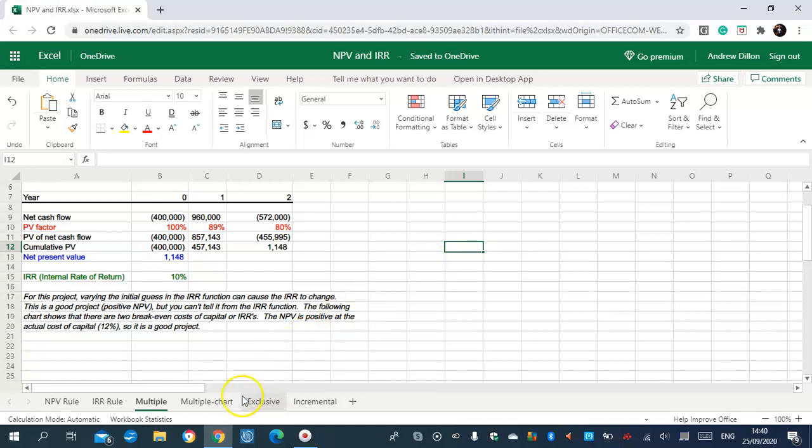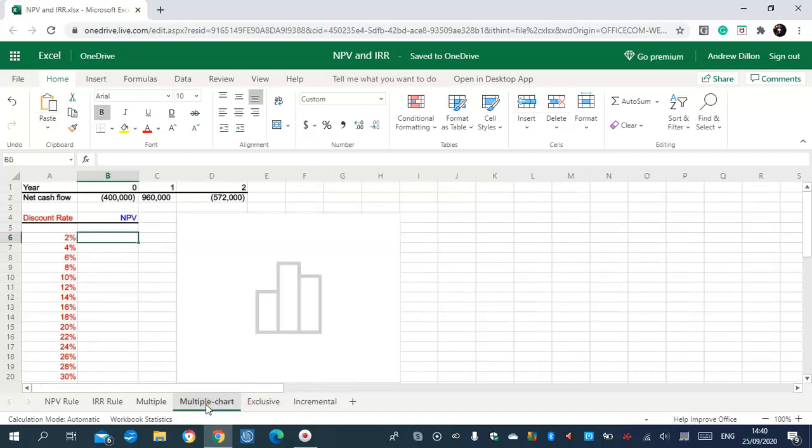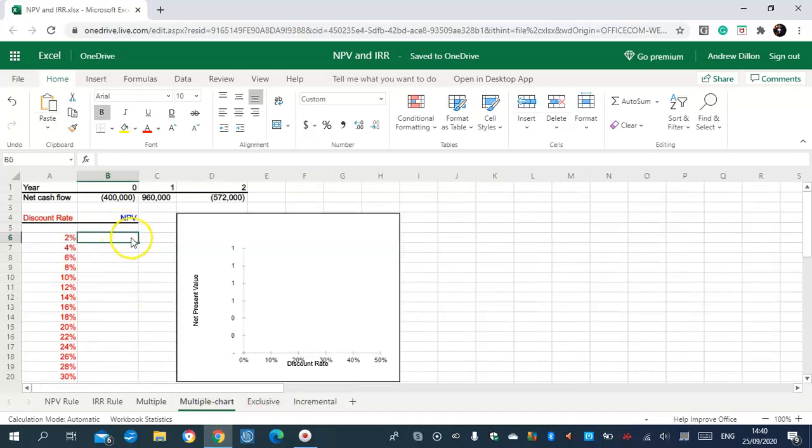So the multiple chart is the next sheet. All I need to do is calculate the discount rate for the remaining percentages. Once they're calculated, there should be a line going through the chart beside here. So calculate 2% in the discount rate.